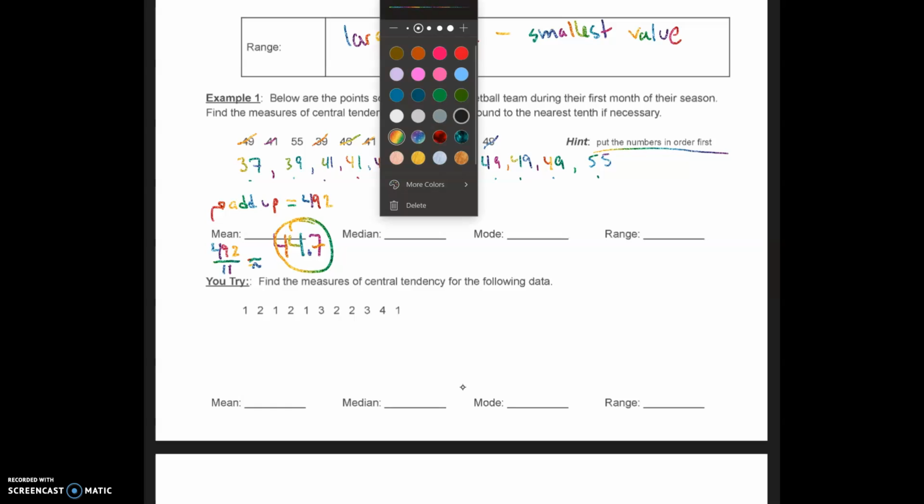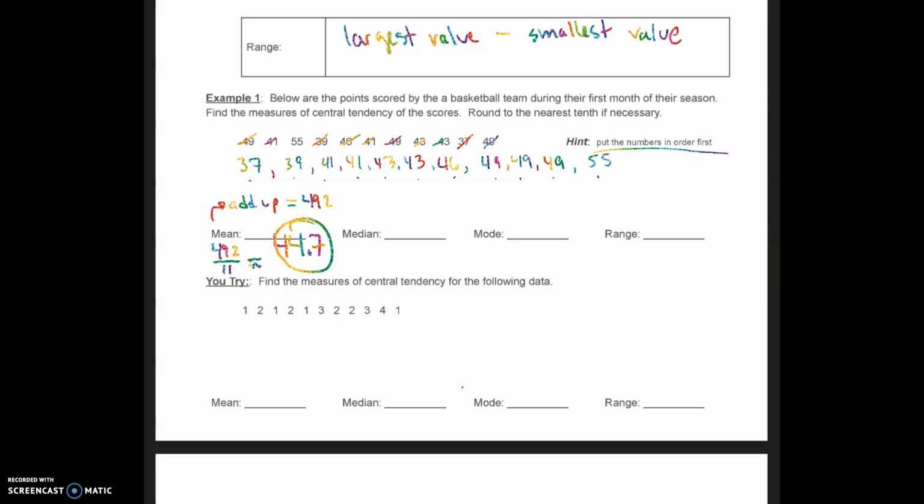How you're going to do this one is I recommend on your list kind of crossing out until you get to the middle. So I'm going to go to my list and I'm going to cross out one from each end, one from each end, one from each end, and again until we find that number in the middle. So our middle value is 43.